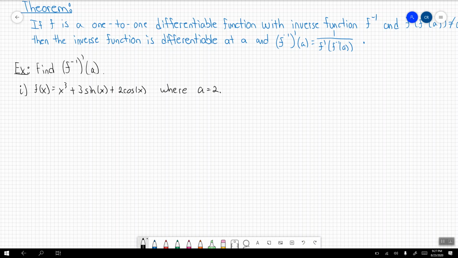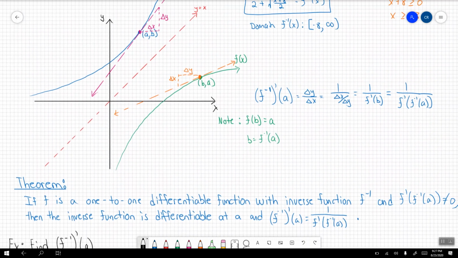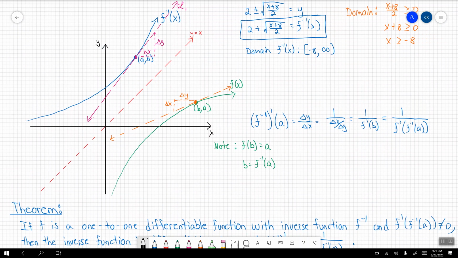Now, in order to do this, I am going to refer to this diagram up here. Remember what we said in how we were looking at these items. This a value was the input for my f inverse. In other words, it was the output for my function.